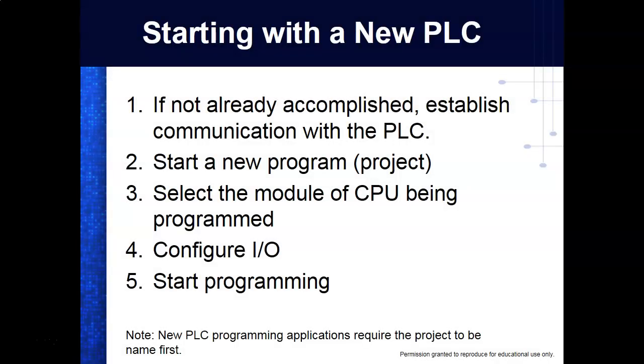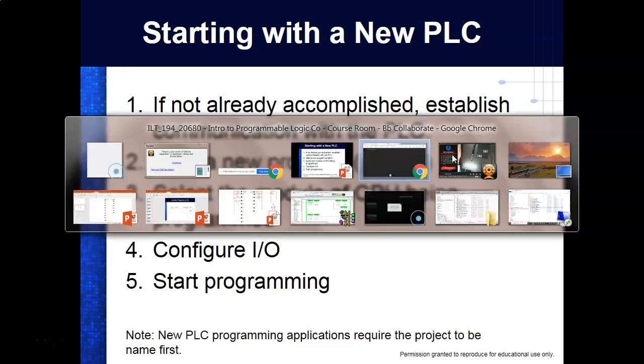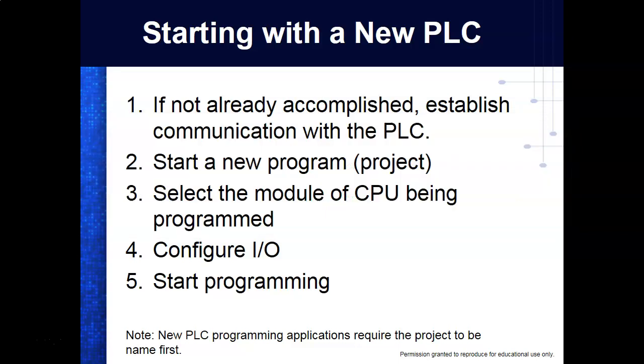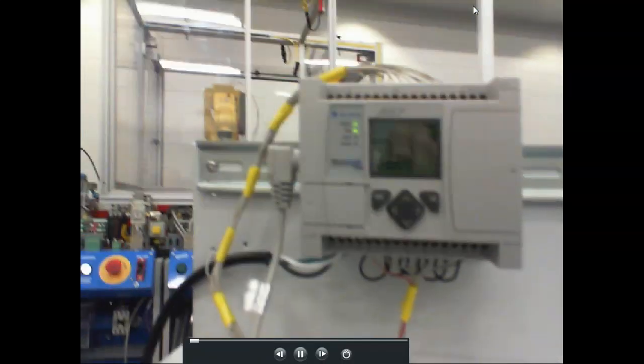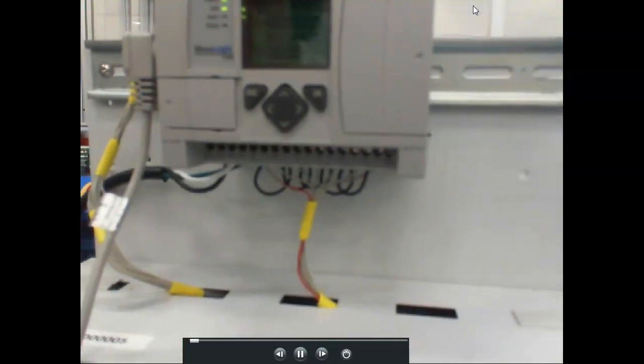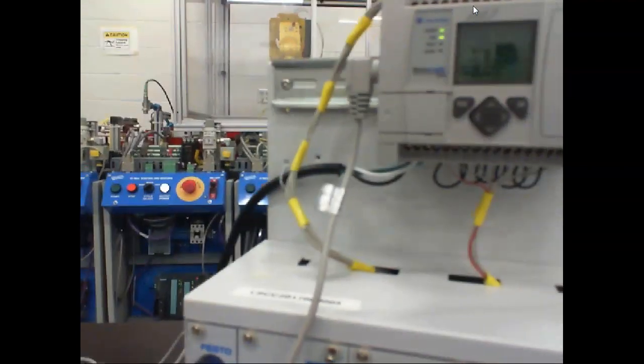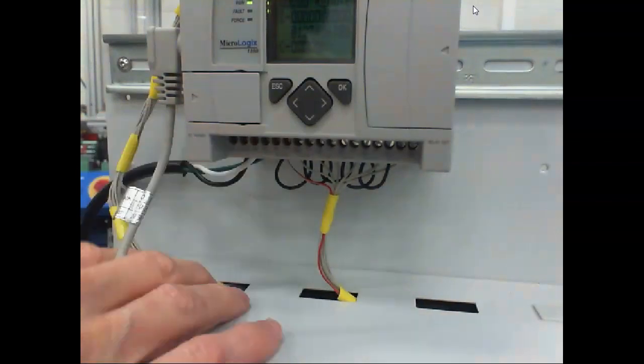So this is the way we start up. The first thing we have to do is figure out how we're going to communicate with our PLC. Right now, I was going to use Ethernet IP, but I couldn't get it working. So this PLC gives us two options we can use. Here's my communication cable right here, and this plugs in the side of the PLC.